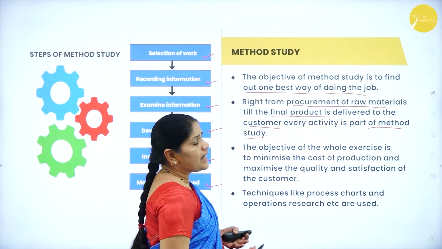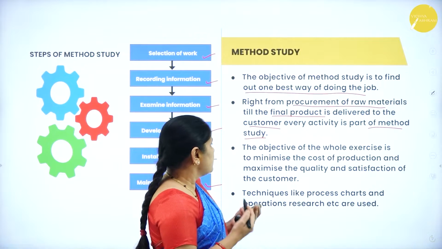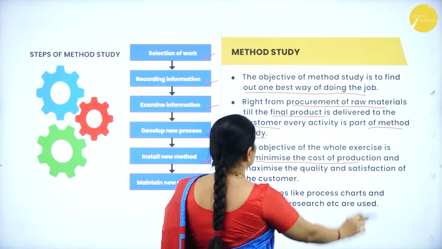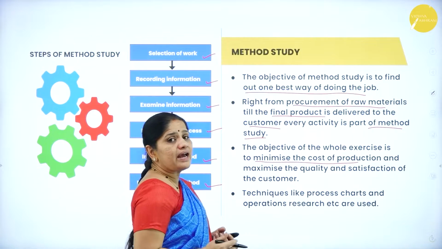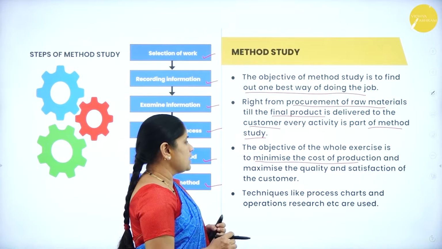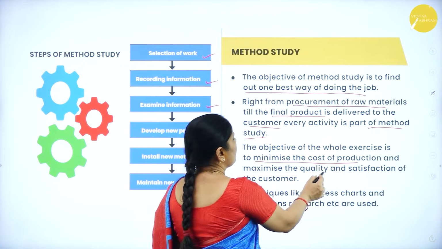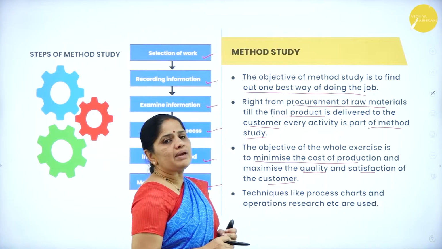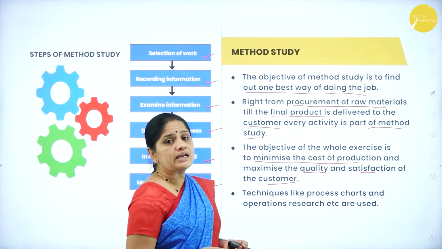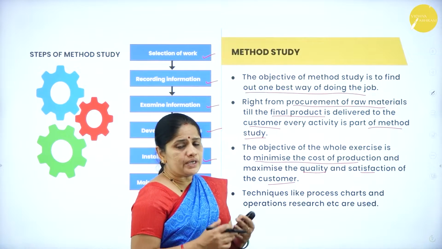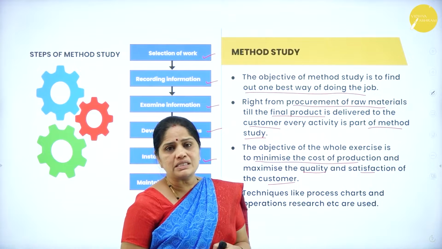Then why should we have this method study? We should have this method study to minimize the cost of production. The main aim is to minimize the cost of production and maximize quality and satisfaction of the customer. The main aim of all business organizations, we all know, is that marketing is done mainly to satisfy human wants and needs.